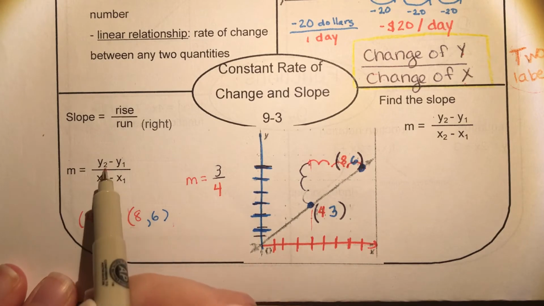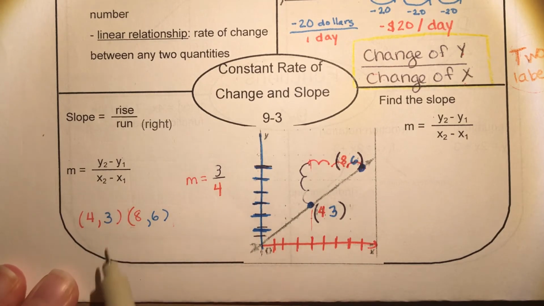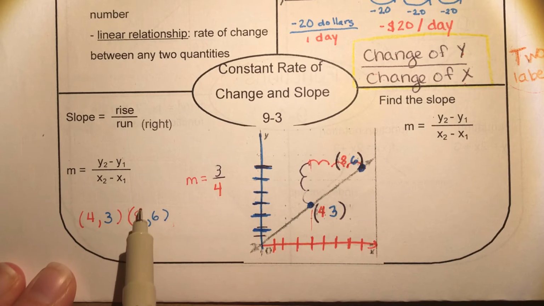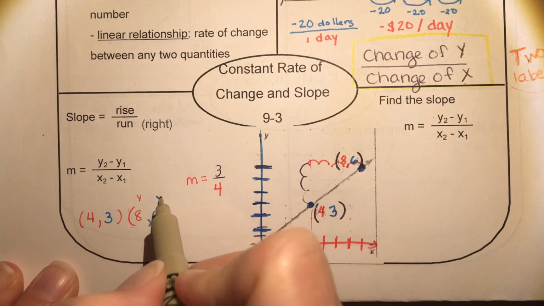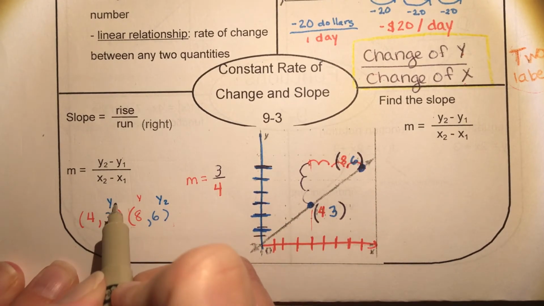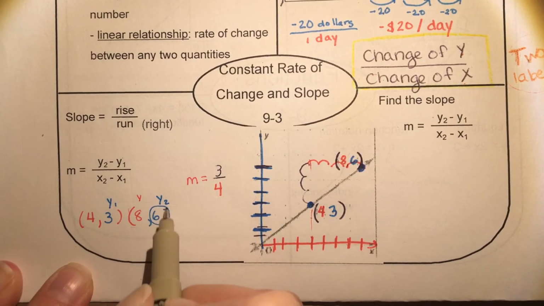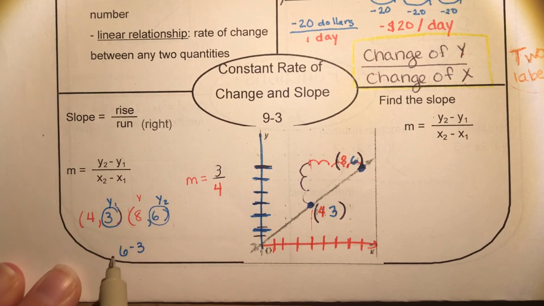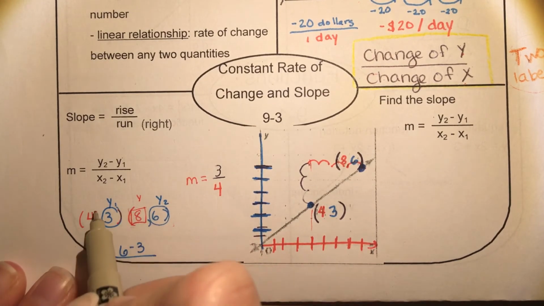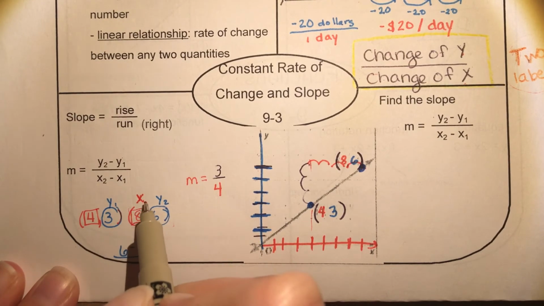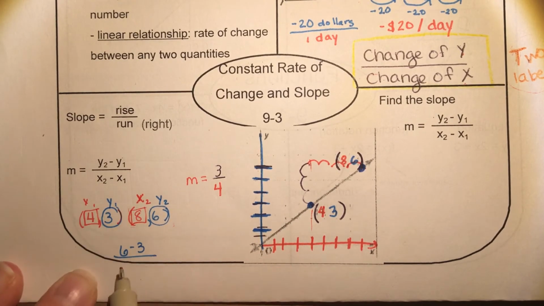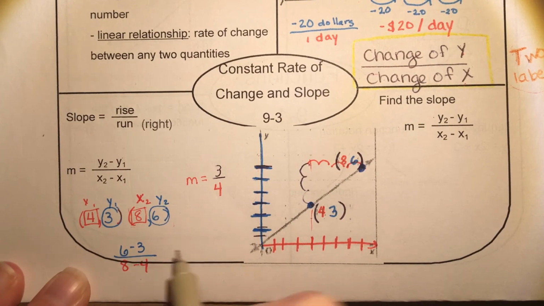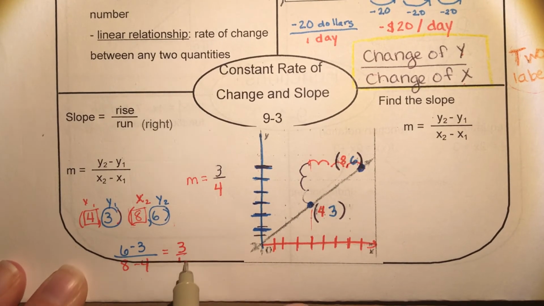So they're saying take y2 minus y1. It's really okay either way. So we could call this y2 and this y1. So we're going to take this one minus this one. So 6 minus 3, and this will go over 8 minus 4, because this would be our x2 minus x1. So 8 minus 4, which gives me 3/4.